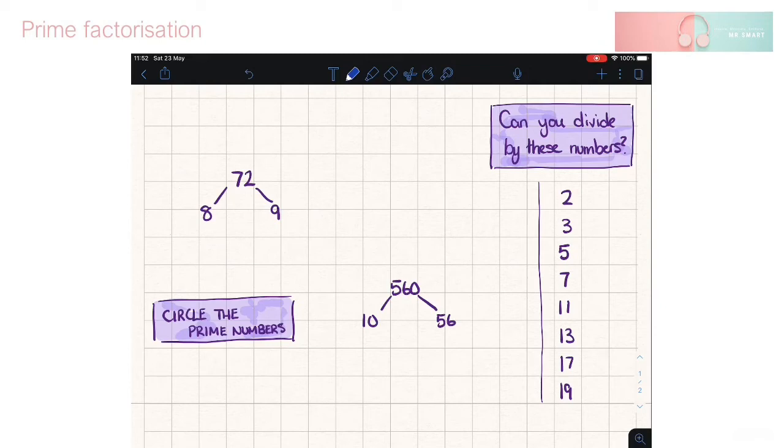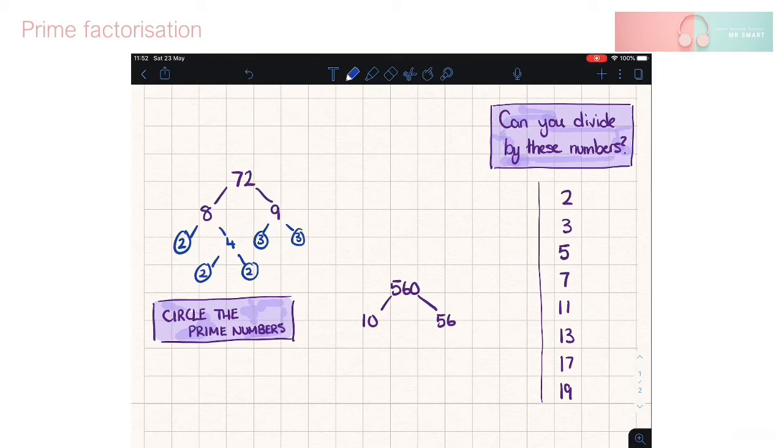I've not circled either number, but what I've done is I've basically split this into 2 separate questions. So the 8 can be written as 2 multiplied by 4, and the 4 can be written as 2 multiplied by 2. For the 9, I know that that's 3 multiplied by 3, and both numbers are prime.